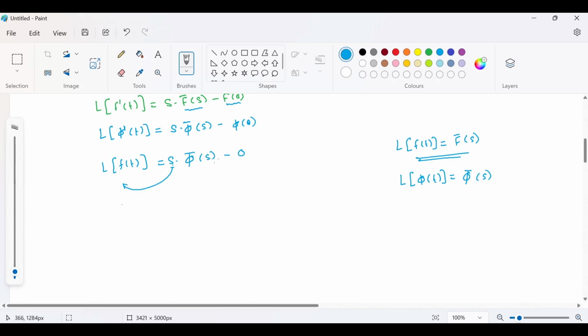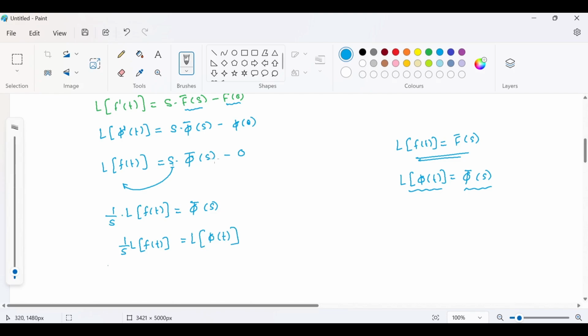So I can write 1 upon s Laplace of f of t is equal to phi bar of s. I can write it as Laplace of phi of t, right?